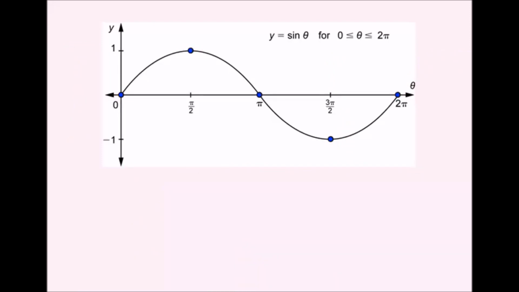I should also note that the domain for any of these graphs, so the graph of y equals sine theta or the graph of y equals cosine theta, is all real numbers. It actually goes to the left as well. Remember, you can put in negative angles as well, like negative pi over 2. It'll keep going to the left, like negative pi. You just draw an angle in the opposite direction. So all real numbers.